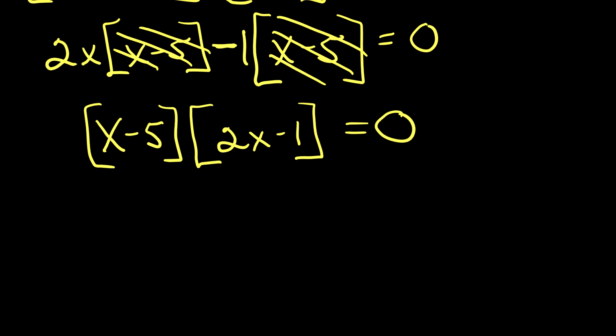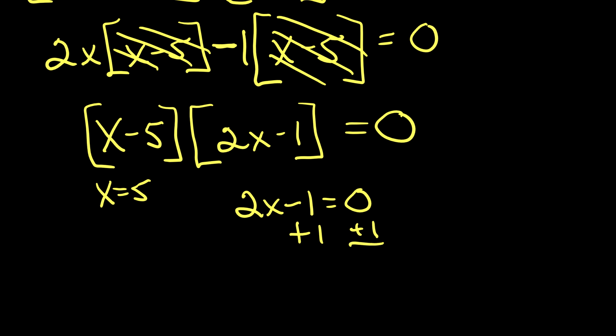So I got x minus 5 here, so x has to equal positive 5. And for this one, well, this is a little different, so I'm going to write it out as 2x minus 1 equals 0, and solve for x this way. So I'm going to add 1 to both sides. And how about 2x equals 1?